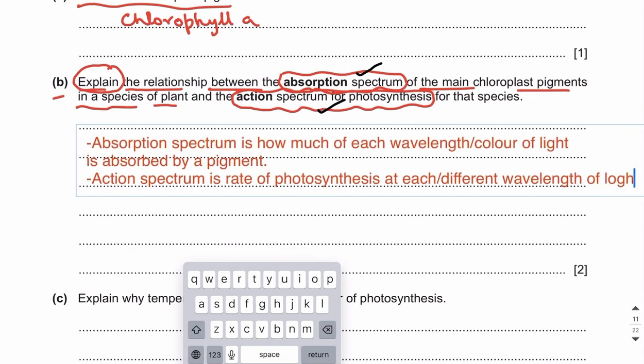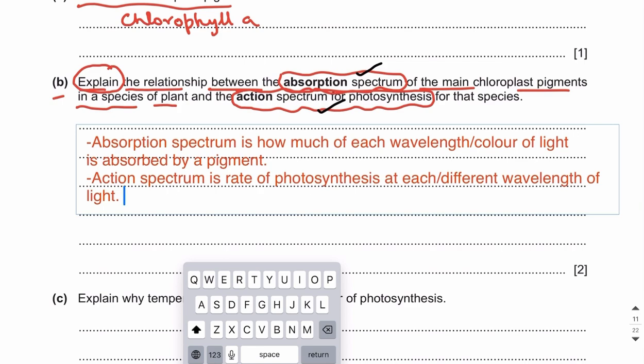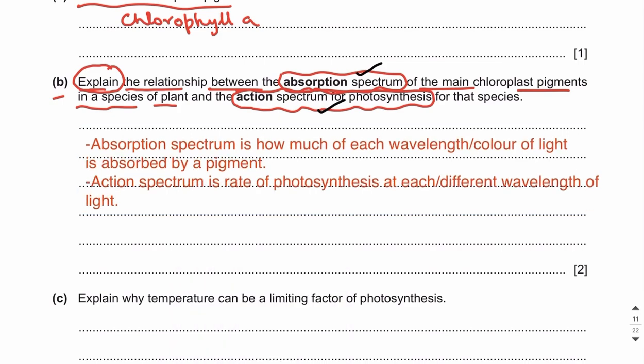So guys, we all know that greater the absorption of light, greater will be the rate of reaction, right? Higher the absorbance of a particular wavelength, higher will be the rate of photosynthesis, because the light is used in the light dependent stage of photosynthesis, so there will be more photophosphorylation, more photolysis, right?